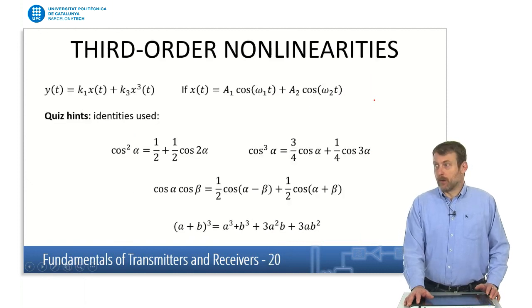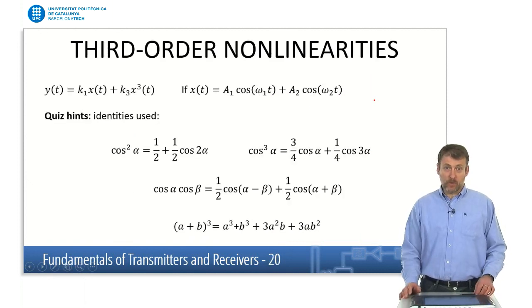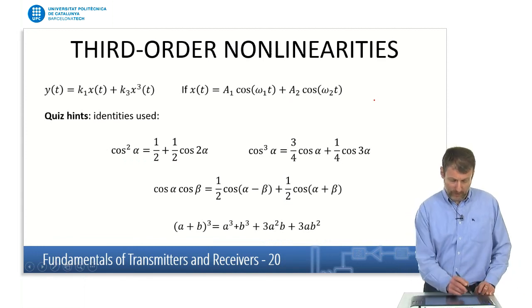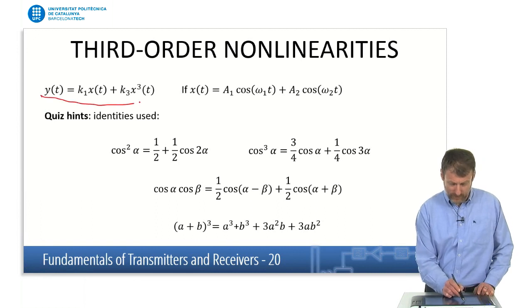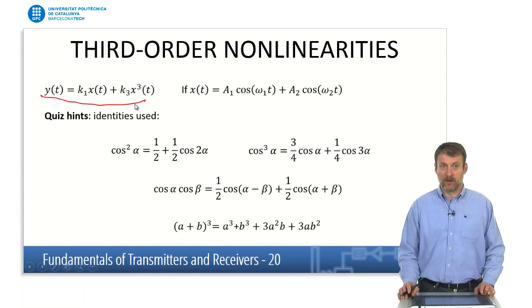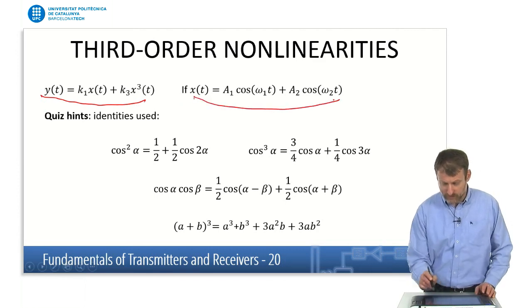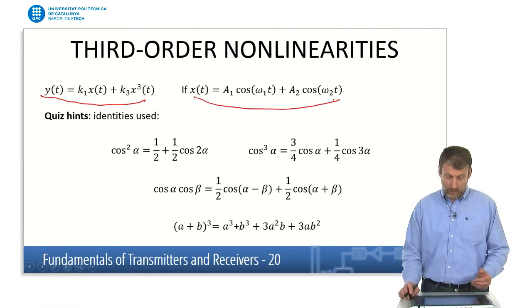Now, in developing the output as a function of the input, we will use this equation that gives the general dependence of the output with respect to the input. As I said, for the input, we will assume this sum of two tones, and we'll use the identities that are shown here.